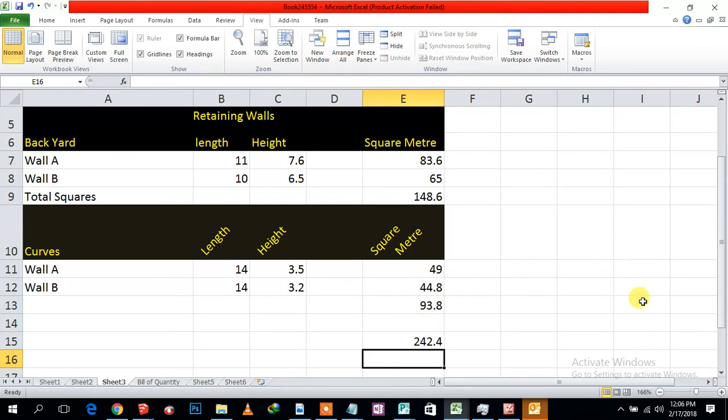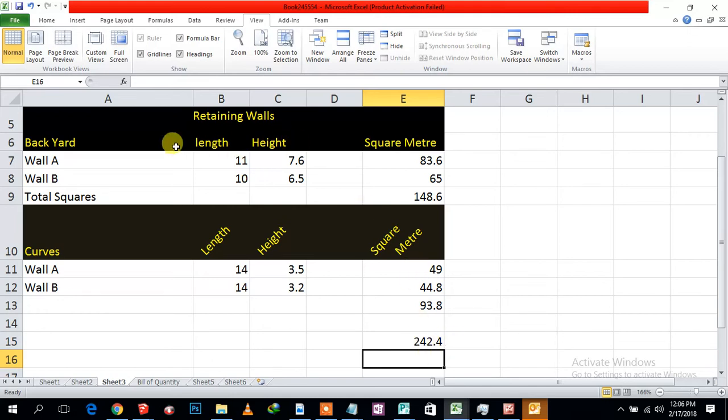So I'm getting 242 square meters all in all. If I'm going to have to work out the estimate or the construction bill based on 242 square meters, it looks like it's prohibitively expensive.